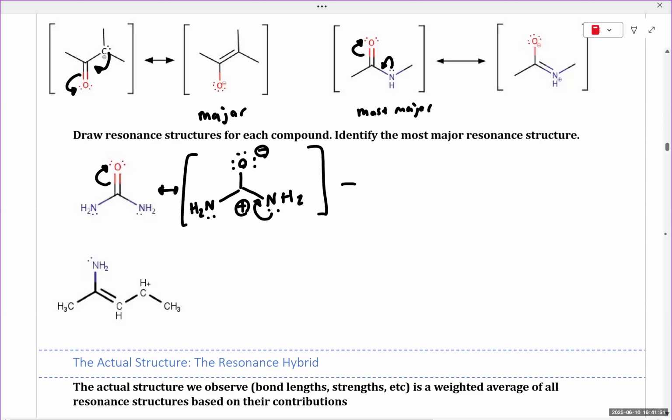So I'm going to kick this nitrogen lone pair down, and that in turn generates a nitrogen-centered cation and a new pi bond. We can then also redistribute our pi bond electrons by kicking down any one of our lone pairs adjacent to our pi bond and forming a new pi bond while breaking the original pi bond to generate a new lone pair.